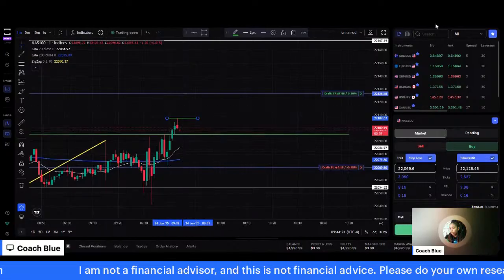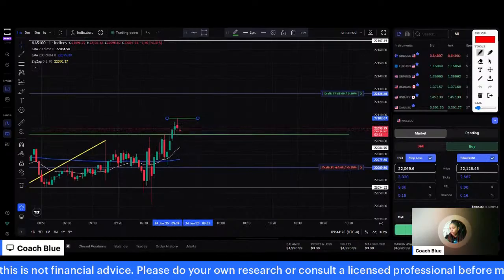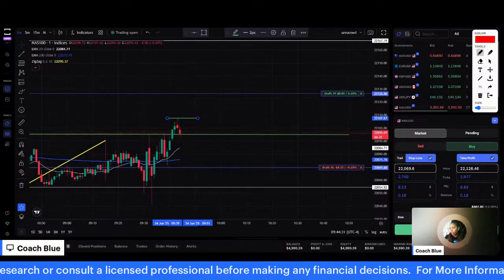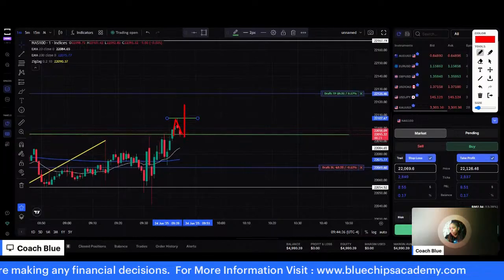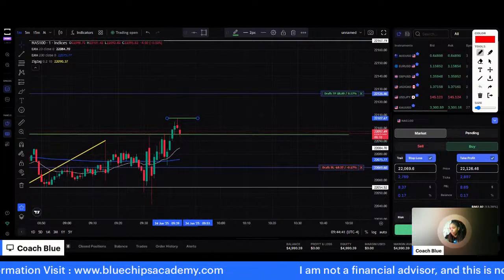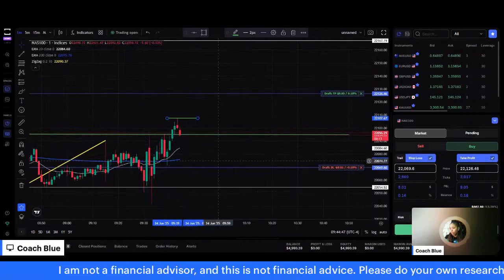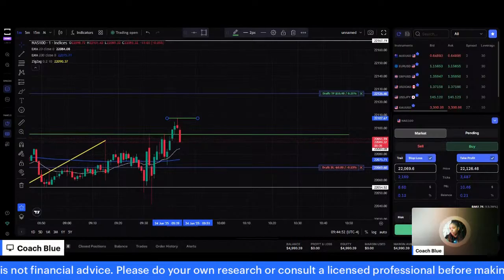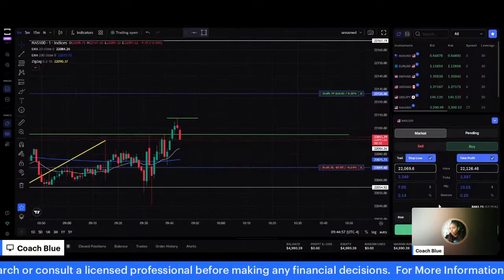Now we need our continuation, because we want to see if price is going to come here and then come all the way back down, or is price going to come here, use it as support, and then we get a strong candle to push us to the upside? That's what we want to be patient for. All right. So that's why we got to let our candles close to see where the body of the candle lands. All right. That's very important. Now, based on where I am, I'm going to increase my lot size a little bit more here. Let's see.